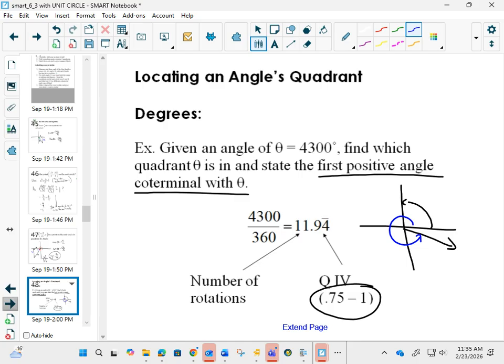Well, you can always find a coterminal angle by adding and subtracting 360 degrees, if you're working in degrees, adding or subtracting 2 pi radians, if you're working in radians, right? Because if I'm at 10 degrees and I add 360, I'm going to end in the same spot and be at 370 degrees, and it would be coterminal.